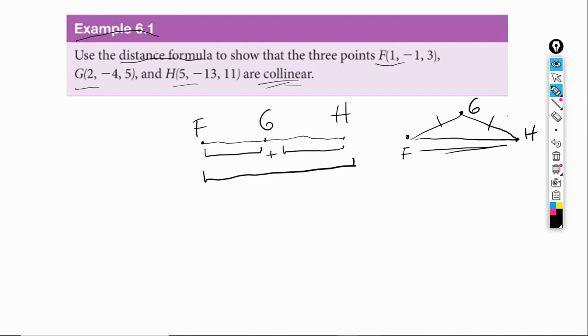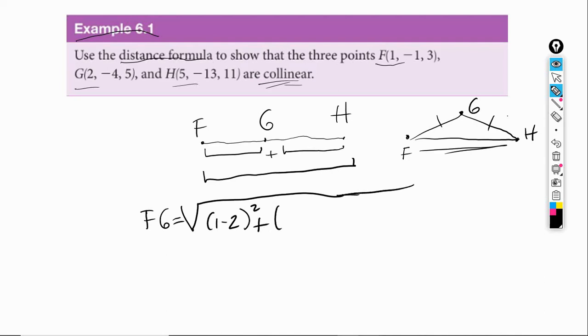Okay, so let's start by finding the distance between FG. So FG would equal the square root of 1 minus 2 squared, those are the x coordinates, plus -1 minus 4, so -1 plus 4, squared, plus 3 minus 5 squared.